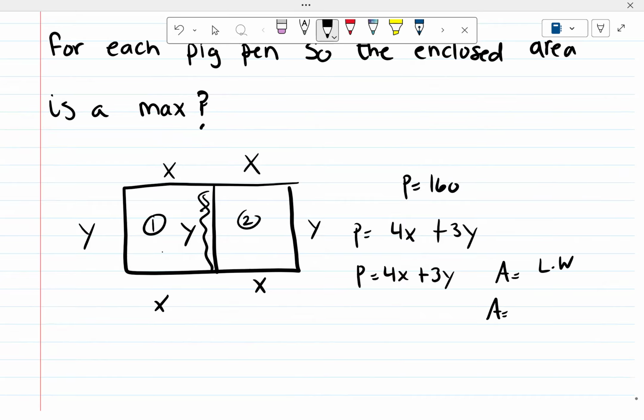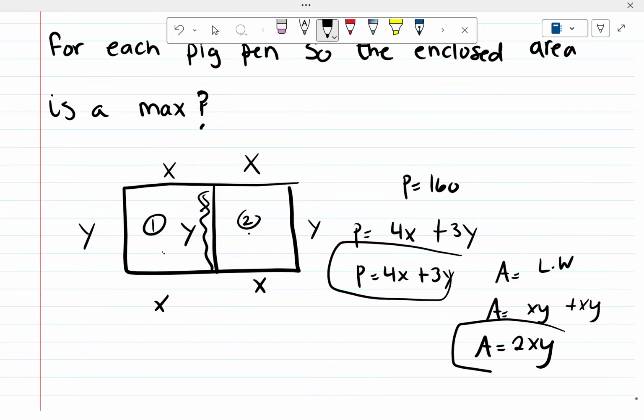The area of this pig pen is xy, and the area of this pig pen is also xy. The total area is 2xy. So it says what dimensions should be used for it, so basically we got to find x and y. So we have a perimeter equation that's 4x plus 3y, and then we also have an area equation that's A equals 2xy.